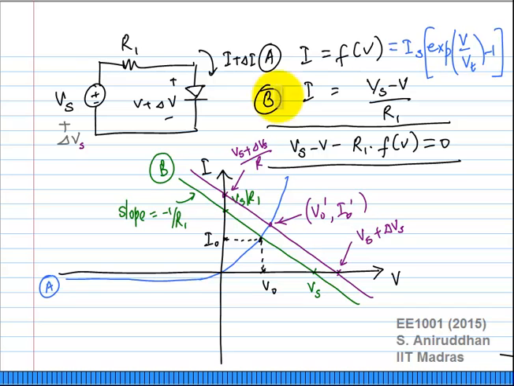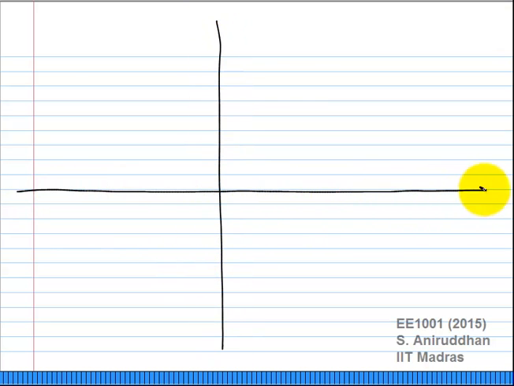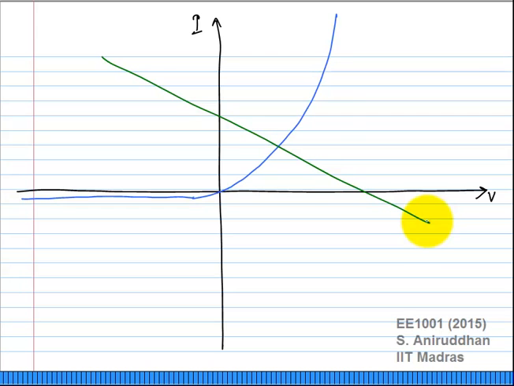Now let us go back to this curve. I want to draw it in a slightly bigger manner. This is my diode characteristics. This is my original resistance, and this is V0, this is I0, and now this Vs intercept has changed.